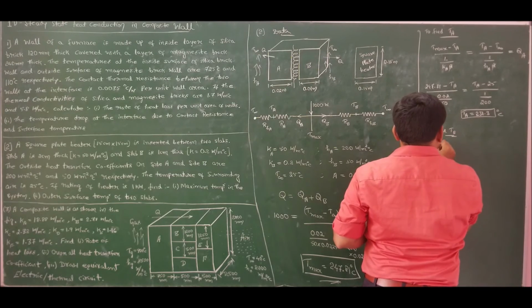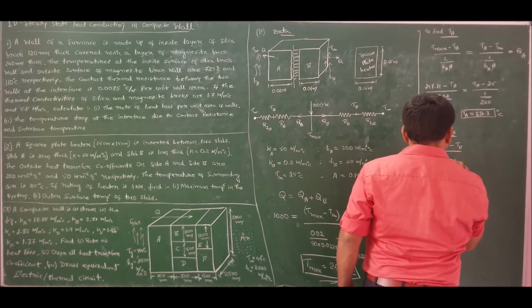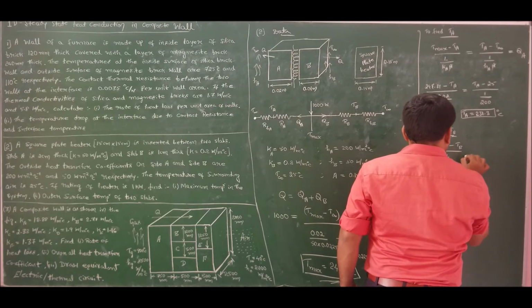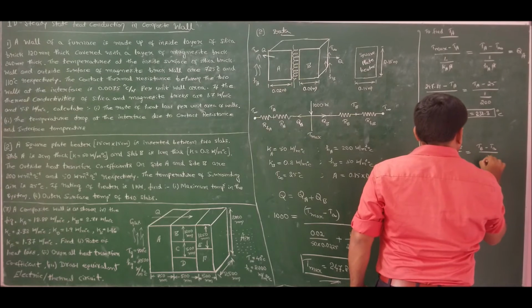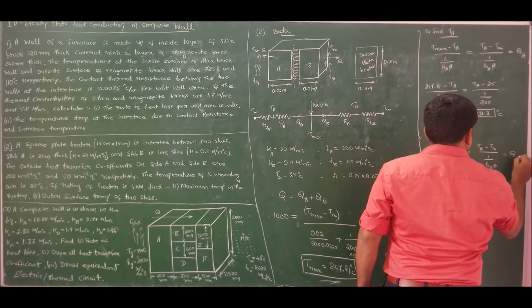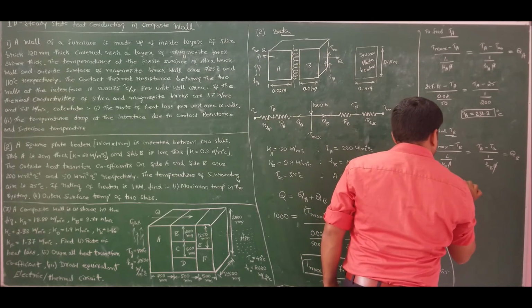Similarly, to find TB, I will write Tmax minus TB divided by L by KB A, which should be equal to TB minus T infinity by 1 by HB A. This is nothing but QB. Cancel off area on either side. We will get the value of TB if I solve.